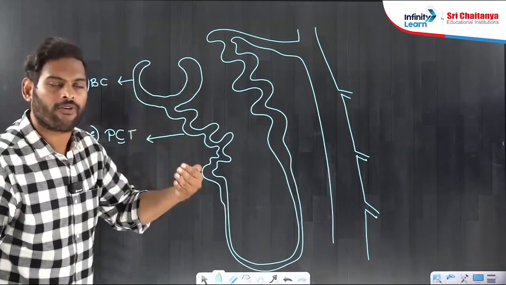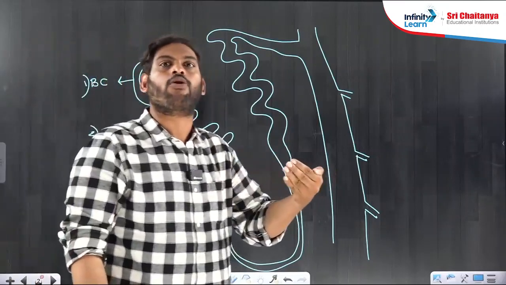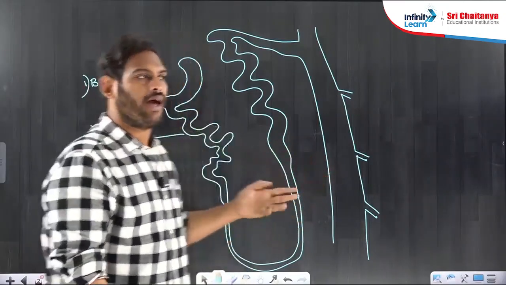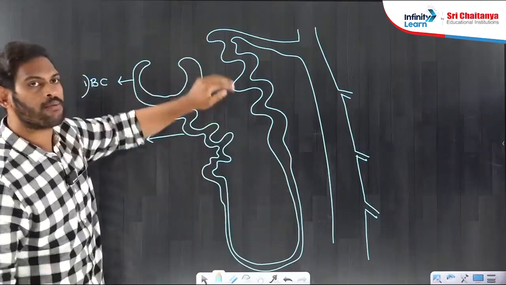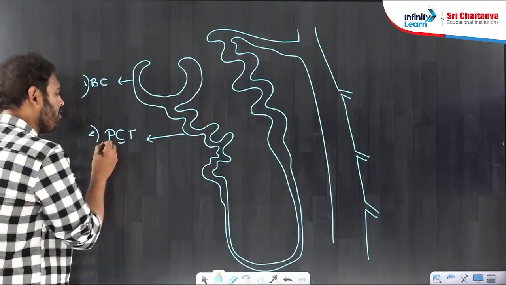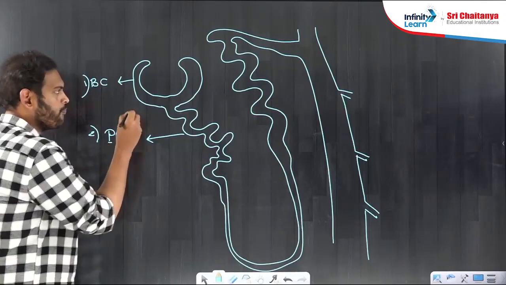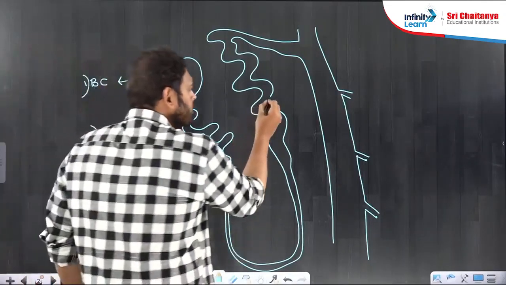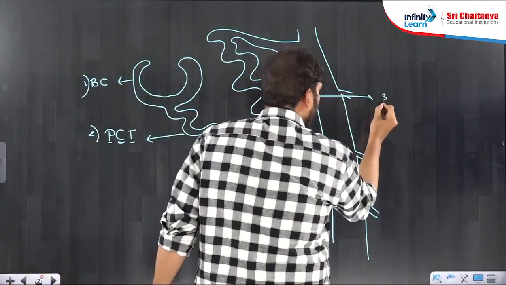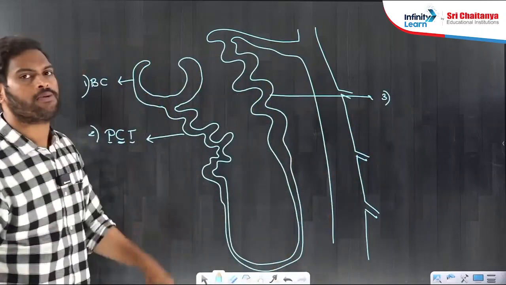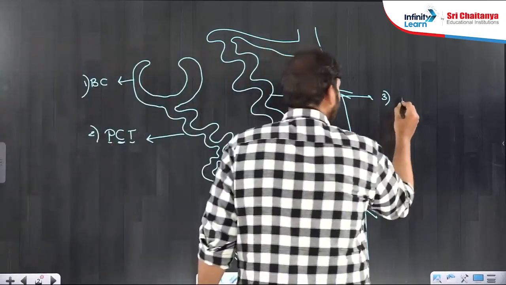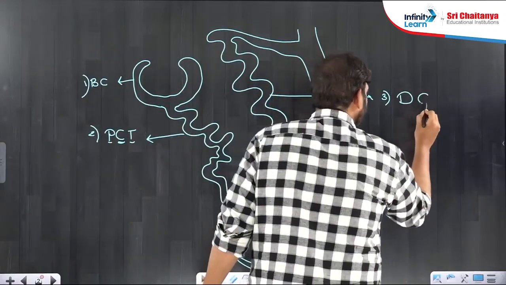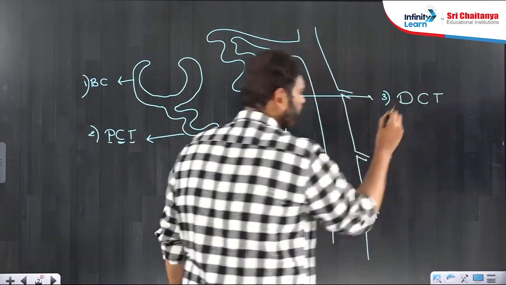Therefore, near, what was the synonym for near? Proxima, proximal. So as this part is very near to Bowman's capsule, we say proximal convoluted tubule. At the same time, this part is a bit far from Bowman's capsule, therefore we say distal convoluted tubule.